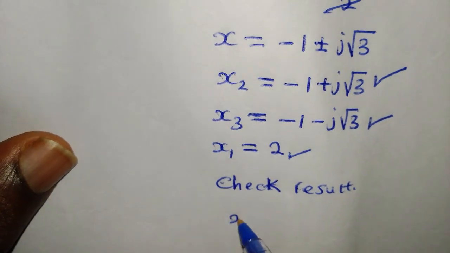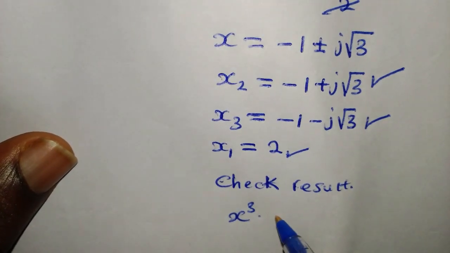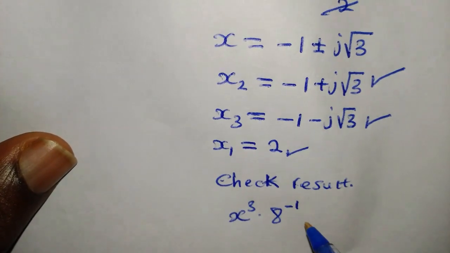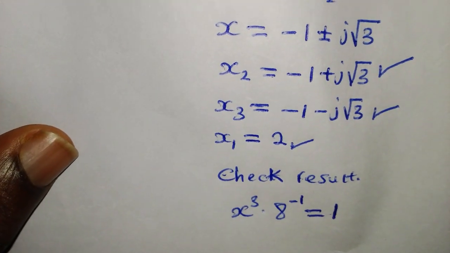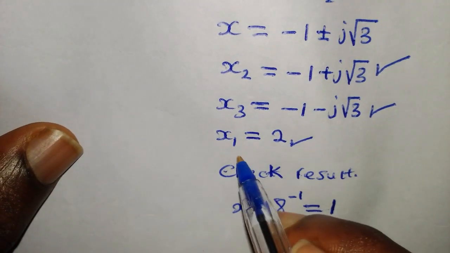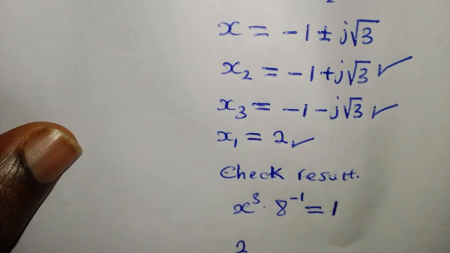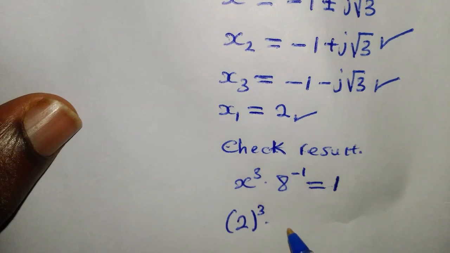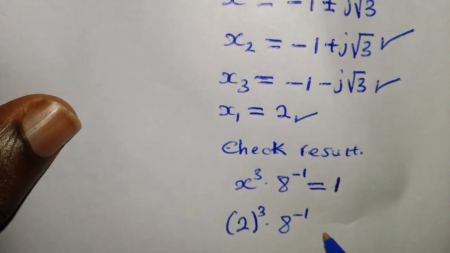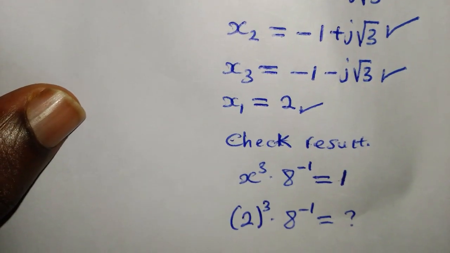The question says x to the power of 3 times 8 to the power of minus 1 equals 1. So let's prove it is correct. We have x to be 2, so 2 to the power of 3 times 8 to the power of minus 1 equals what?